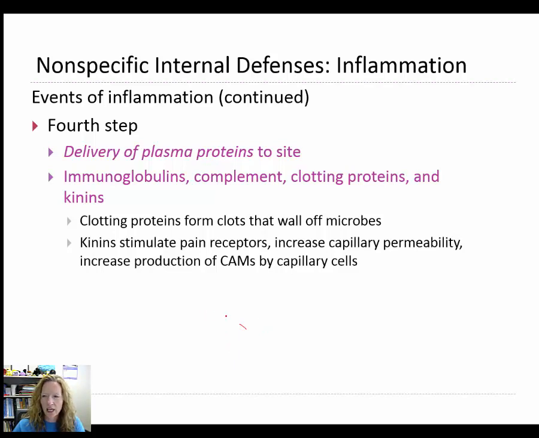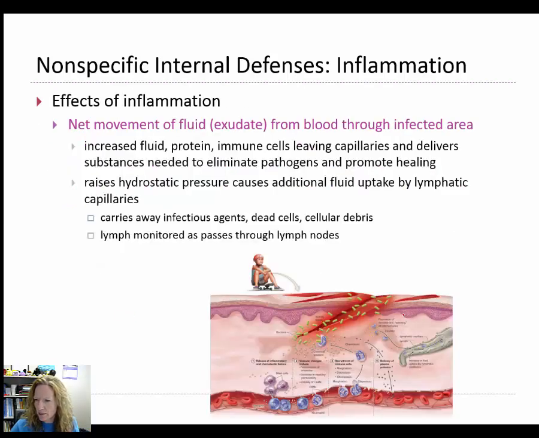So this is going to be really important to kind of start repairing that injury. There's the clotting proteins that are going to come in and cause the clots to wall off the microbes. But what I'm going to do is kind of pick up right here and talk about what happens during this whole process later on and why it's happening.